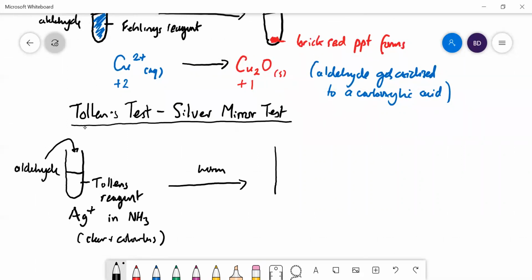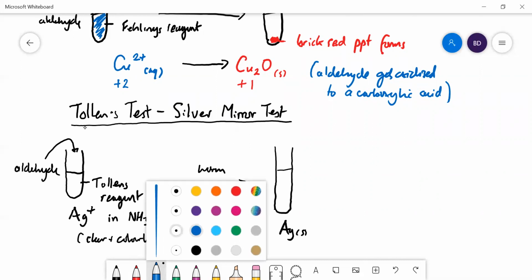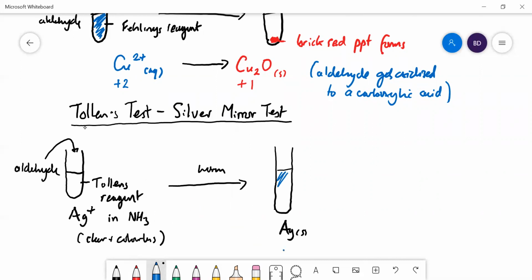And if you do have an aldehyde present, what happens is the silver gets reduced to Ag metal. So that means you end up with a nice silver color.